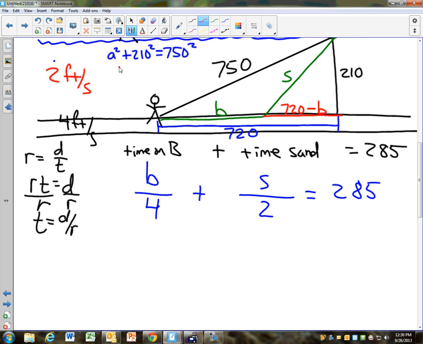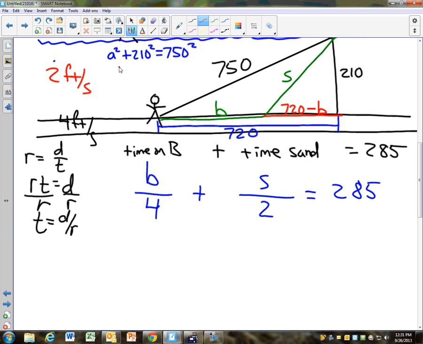Okay, so now, look at this. I could solve for S in terms of B by using what? The Pythagorean Theorem. Now it's going to get ugly, but that's okay. We'll actually be able to solve this problem. I'm going to do it on another sheet so that we can see exactly what's happening.